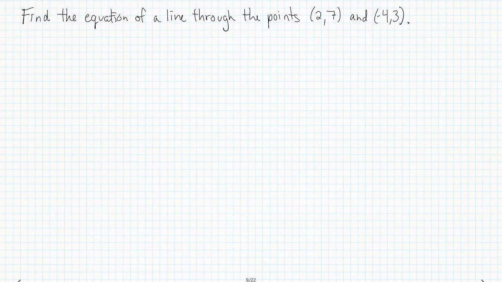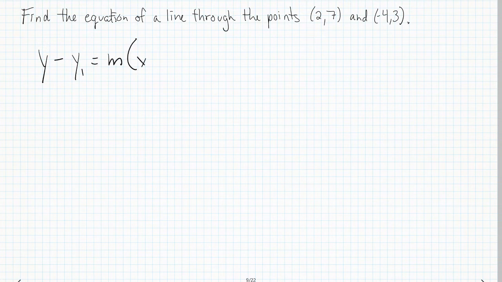Alright, moving forward. Find the equation of a line through the points 2, 7 and negative 4, 3. So an equation for a line that we might want to use is y minus y1 equals m times the quantity x minus x1, where m is the slope.